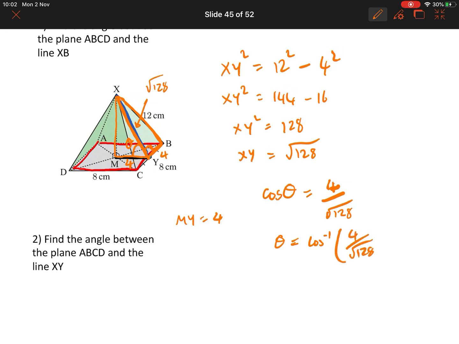So theta equals shift cosine 4 over root 128. So shift cosine 4 divided by root 128, and my answer is 69.3 degrees to 1 decimal place. Okay, so hopefully this is all making sense.